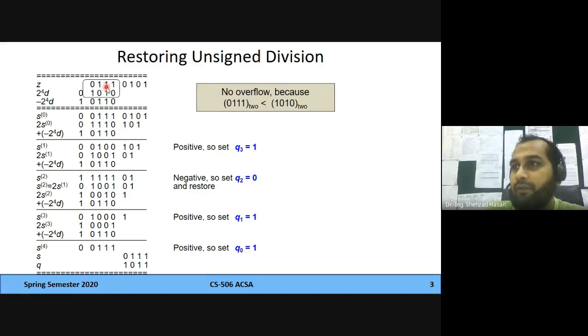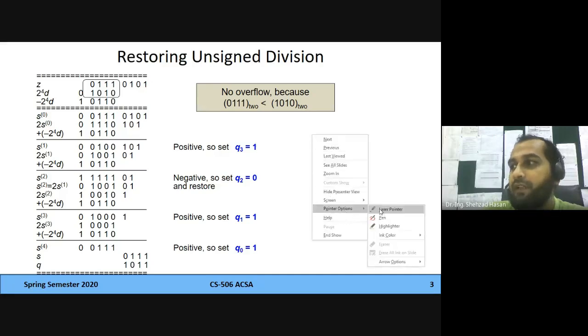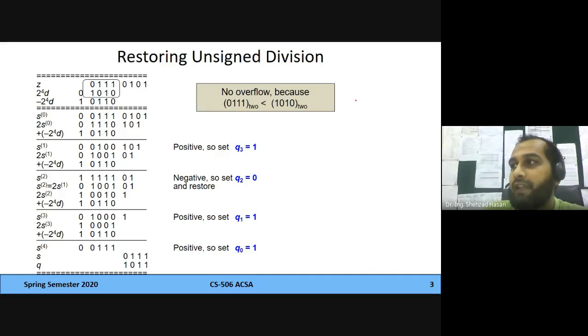So 64 plus 32 will be 96, and 96 plus 16 would be 112, right? 112 plus 5 would be 117, right? So 117 over here is our dividend, and we need to divide it by 10.